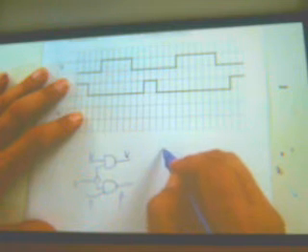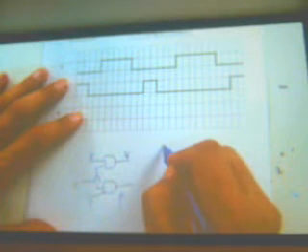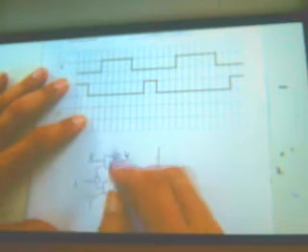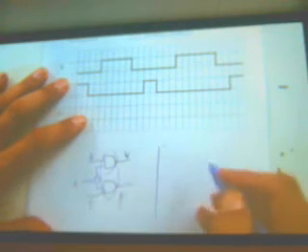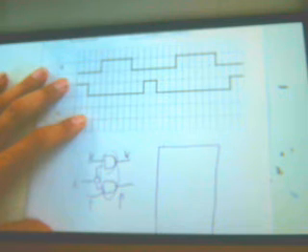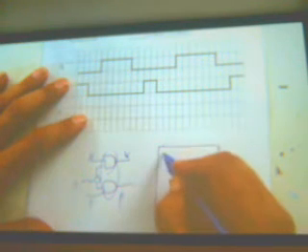So, let's see, how many inputs do I have here? 4. I'm going to do it for these two things here. Should have 8, right?